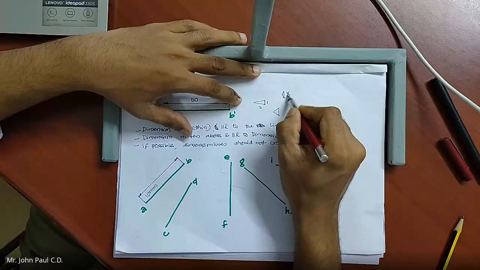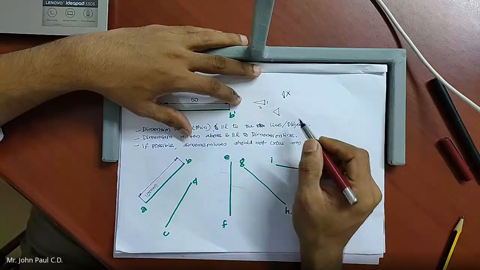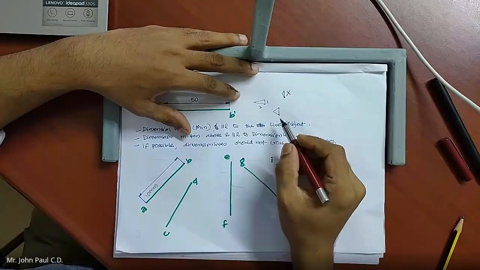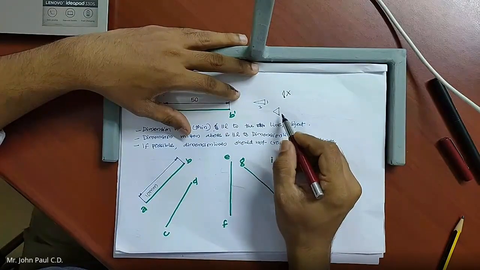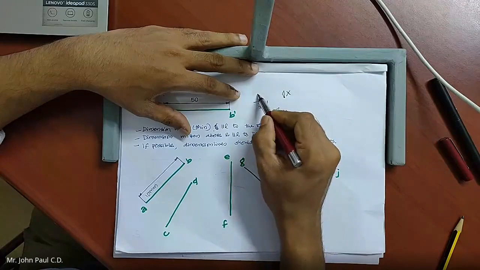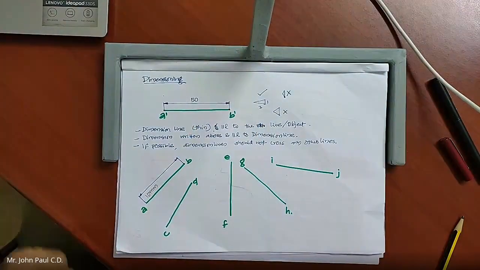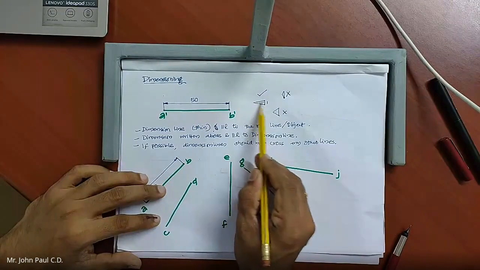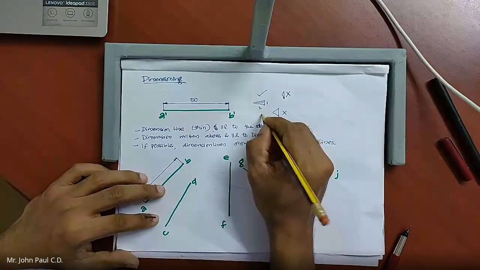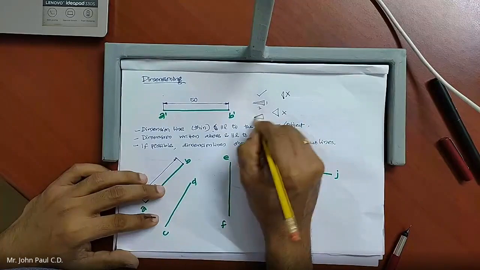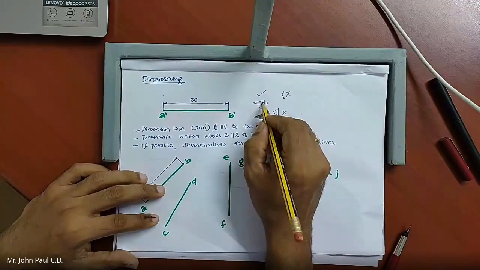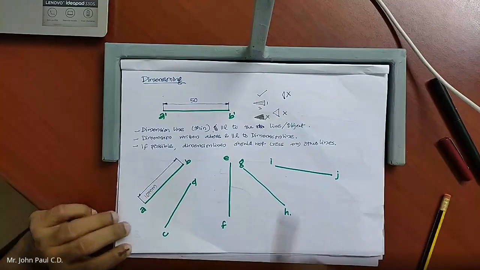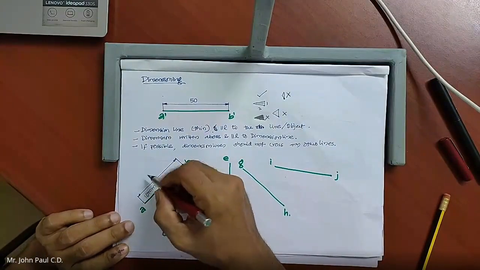These are the common mistakes that we have seen usually in drawing the arrowhead. So it should not be like this. This is the correct shape. And that should be shaded also. Thin. Don't make it thick like this. It should be shaded thin. This is also wrong.